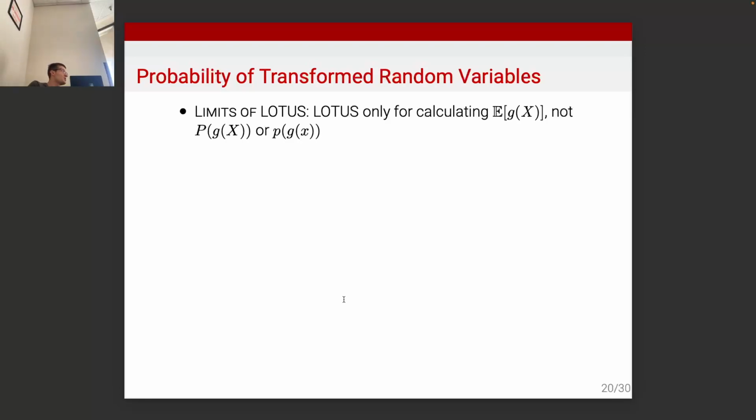And I've listed out the intuition for you all on the slide. I'll just read it because hopefully it's clear. If you're transforming a discrete random variable with a one-to-one g, which is just that function, every discrete element of x gets mapped to another discrete element of g of x. That's sort of the definition for one-to-one. And therefore, the probability of g of x is just equal to the probability of x.